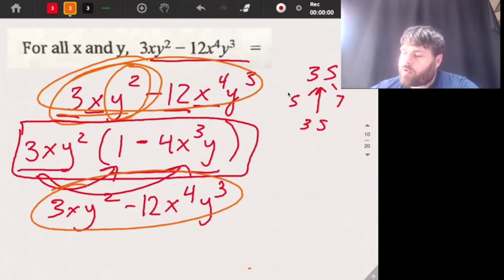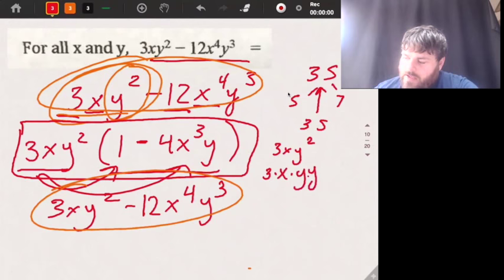All right, so real quick, if you're not really good at factoring like this, break it down into these little factor trees. 3xy squared. So 3 is a prime number, x is here, and there are 2 y's. So this factors down to this, okay? If I factor this thing down into all those little parts that multiply to be it, that's what I get.